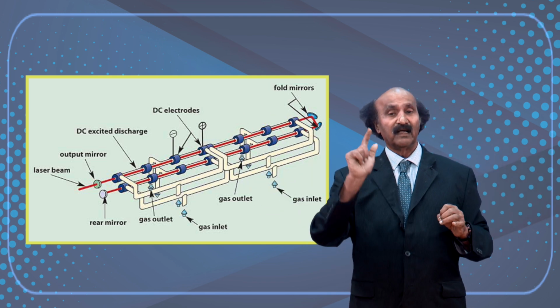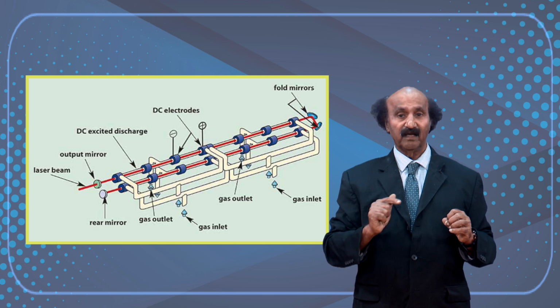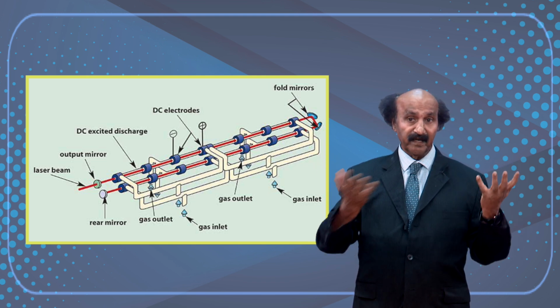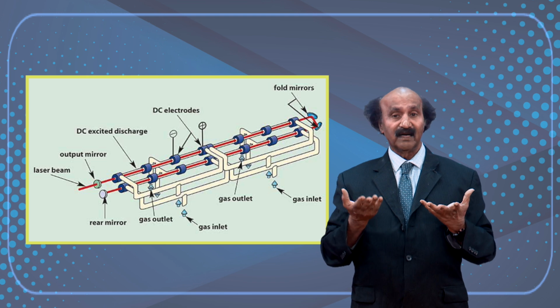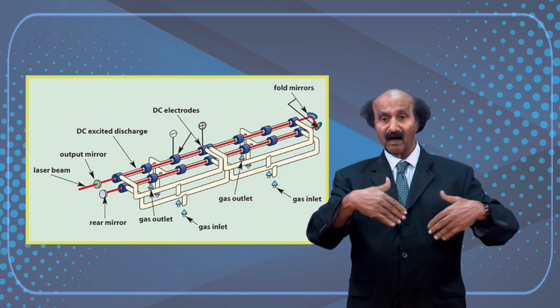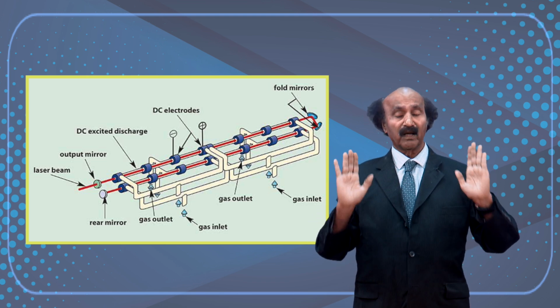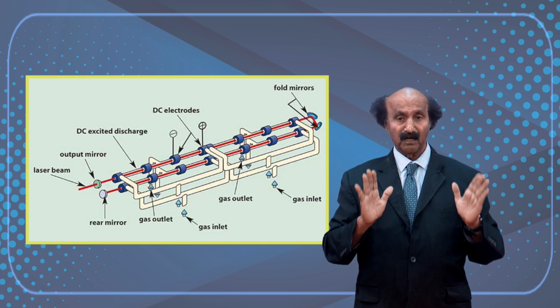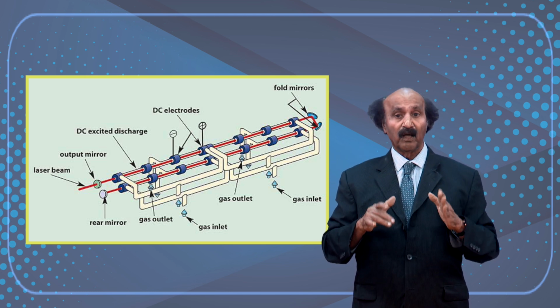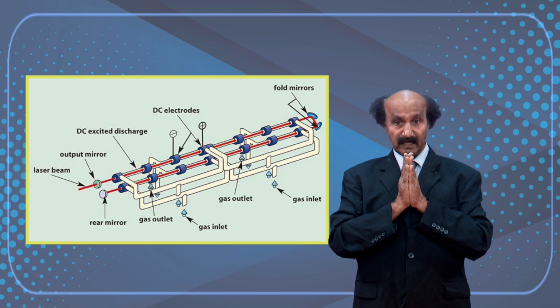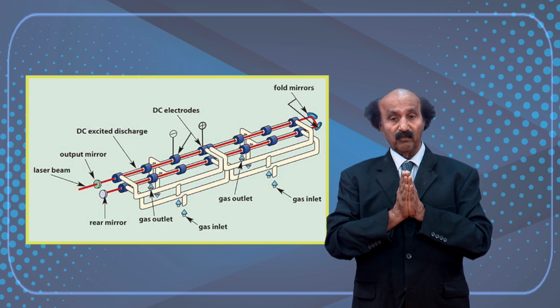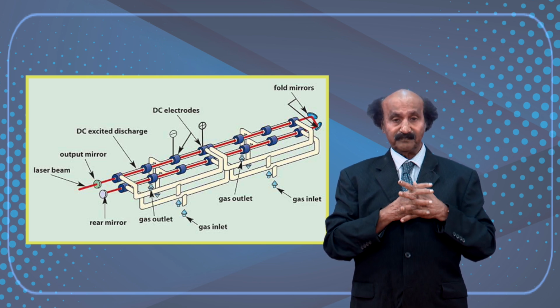Third one, the pressure is very high, which is atmospheric pressure. Earlier we were saying the pressure should be about 3 torr, 5 torr, 10 torr. Those things are gone. You can work at regular normal pressure of about 760 torr. So, it is a transversely excited atmospheric pressure laser, and this can give a high laser power.